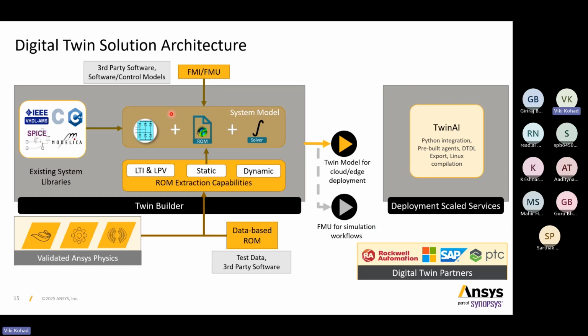This is the digital twin solution architecture. Here you can build full system level simulation models by using 0D models. 0D models basically have no spatial dimensions.